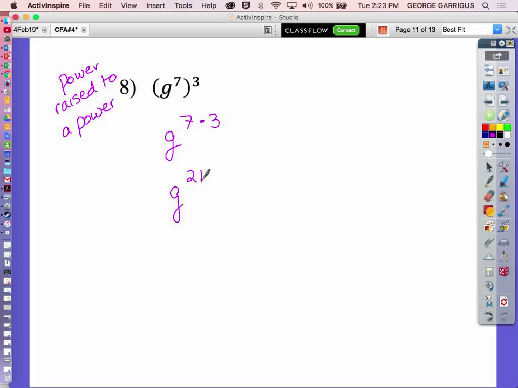The reason why that power works is if you look at that expanded, it would be g to the 7th times g to the 7th times g to the 7th. And if you apply the other property where all the g base numbers were the same, you would add 7 plus 7 plus 7, and you'd still end up with g to the 21st power.